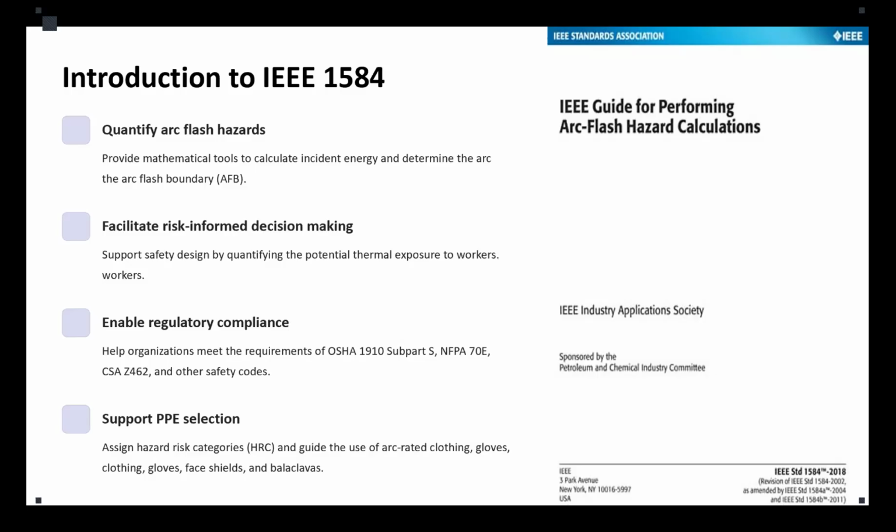For example, we could have 1.2 calories per square centimeter, which is enough to cause a second-degree burn. If we can quantify the energy, we can take meaningful steps to reduce that exposure and the consequence of the incident.